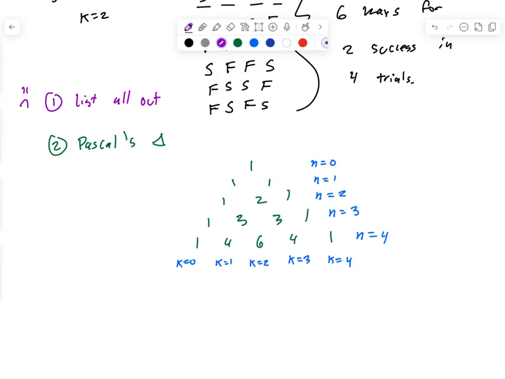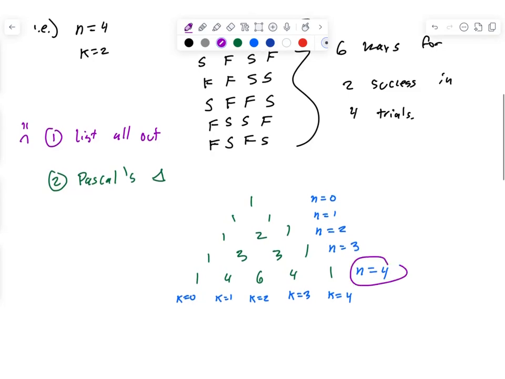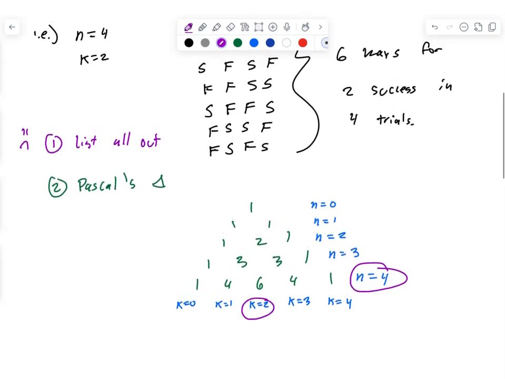So what is n for this problem that I asked you? Which is 4. Yeah, good. And what is the k that we're looking for? 2. So what is the value that we get when they intersect? 6. So there are 6 ways.